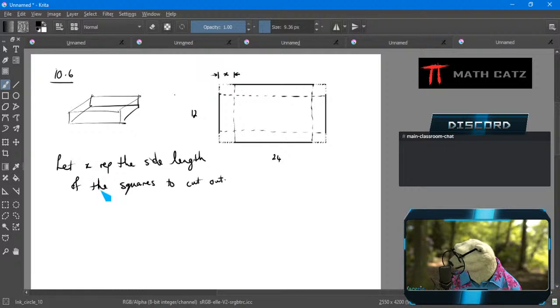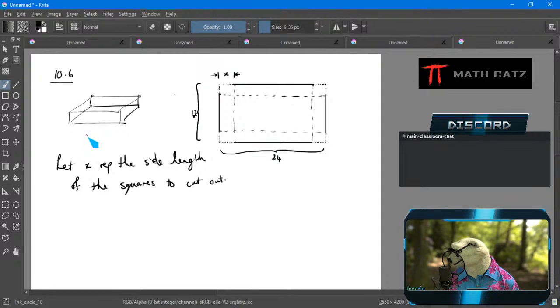Because specifically they are asking for the dimensions of that square that I'm gonna cut out. And of course, once I know that, I know the dimensions of the box as well. Okay, so the 12 here represents, of course, the full width, and 24 the full length.